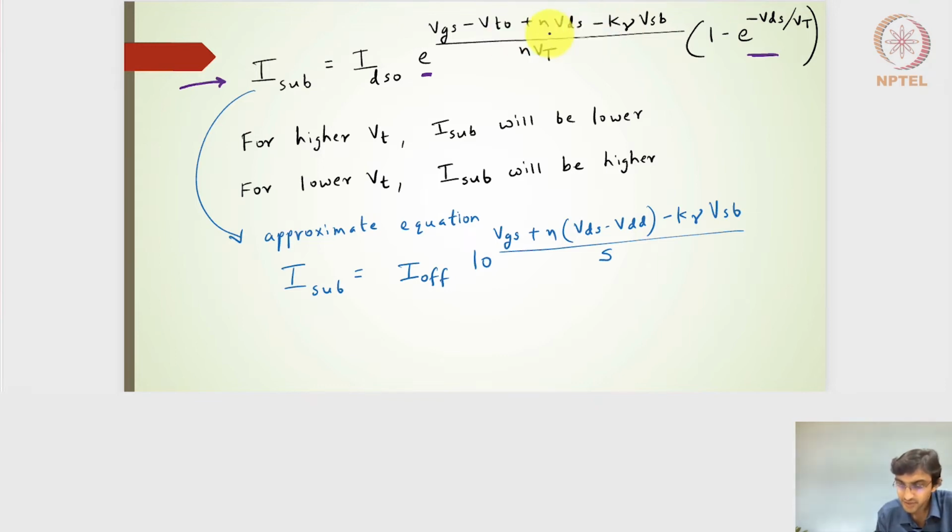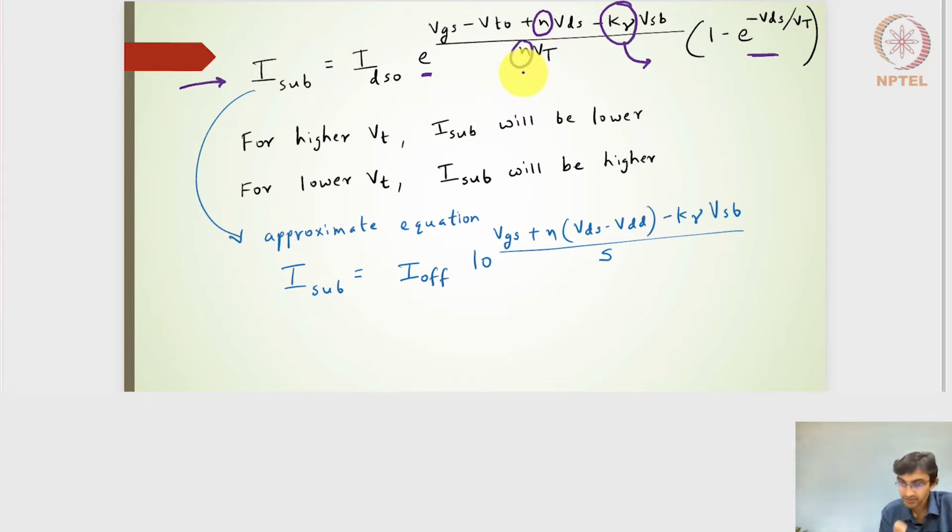There are two constants here: one is K gamma and the other is eta. K gamma is the body effect coefficient, and eta is the drain induced barrier lowering coefficient, and we will have a look at it in the next slide.